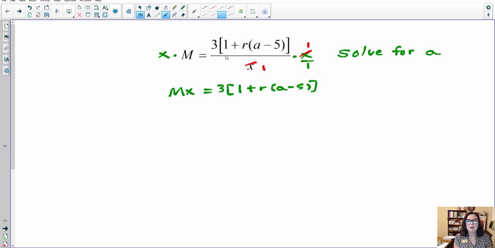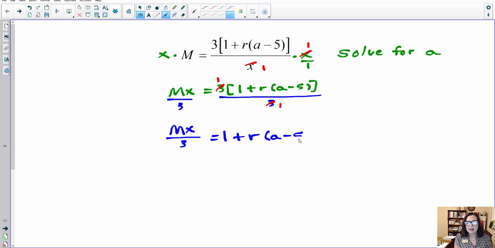A while ago I had division, so I used multiplication. Now I've got multiplication, I will use division. So I will divide by 3 on both sides. Now I have m times x divided by 3 is equal to, this 3 divided by this 3 is just 1, and I'm left with 1 plus r times a minus 5.